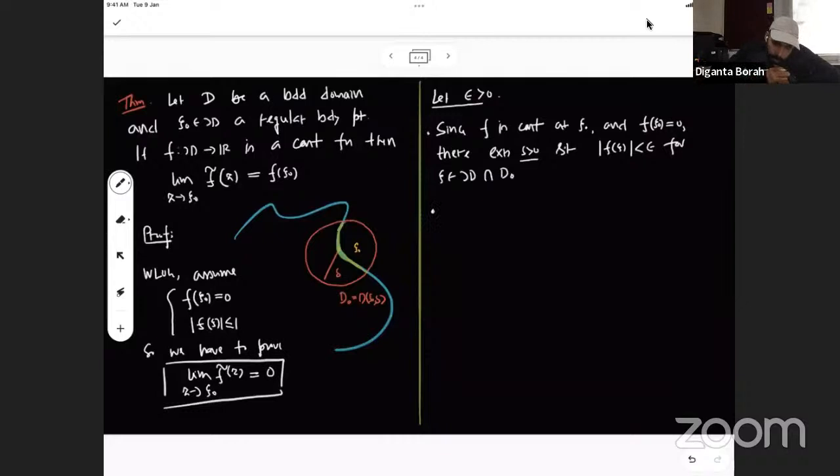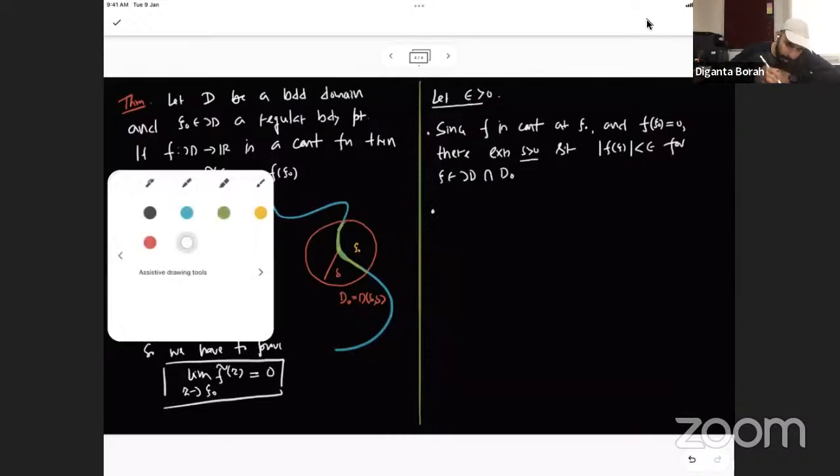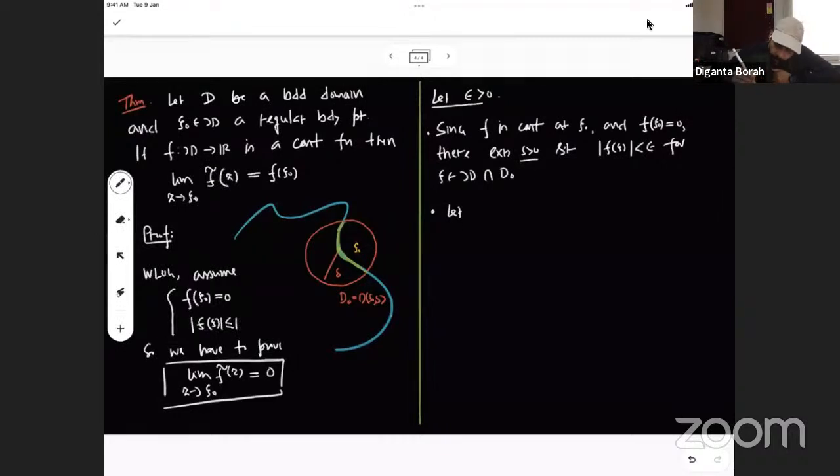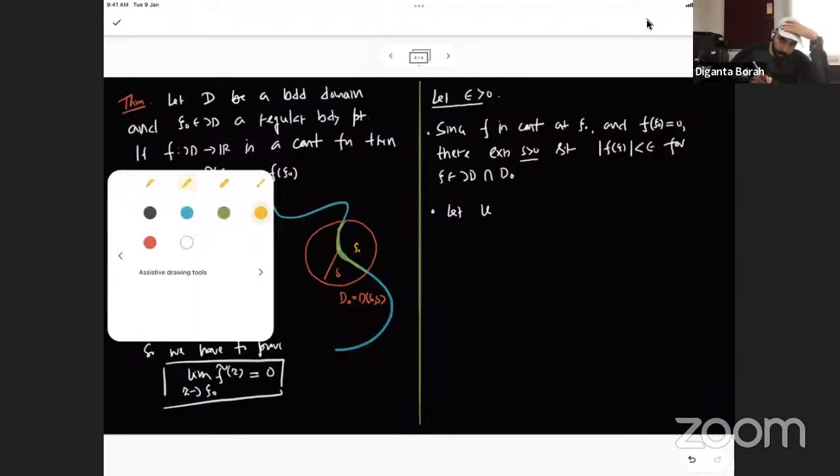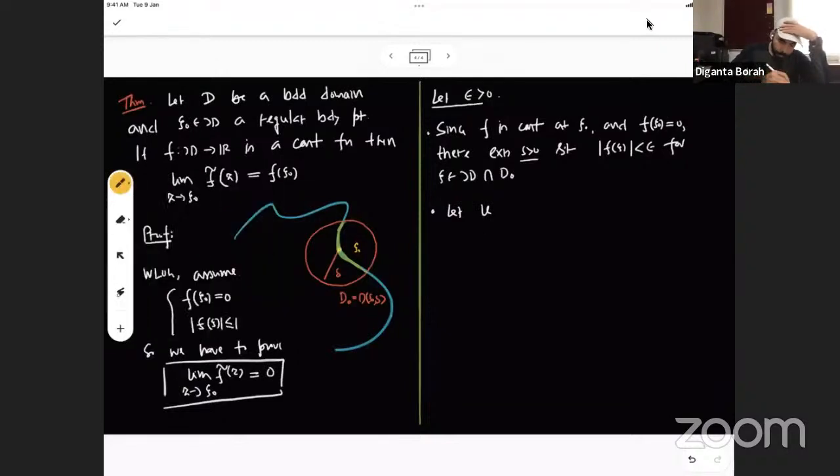So we have a subharmonic barrier at zeta naught, right? Let's bring that into the picture. Let u be a subharmonic barrier at zeta naught.